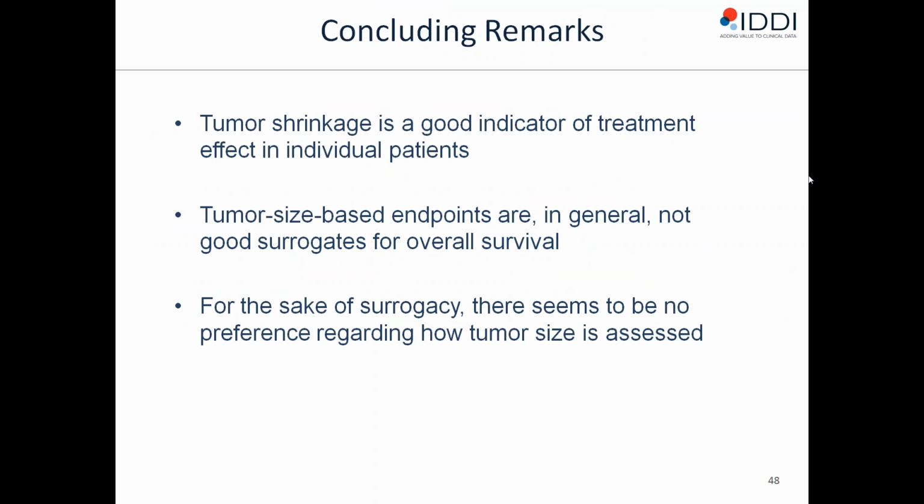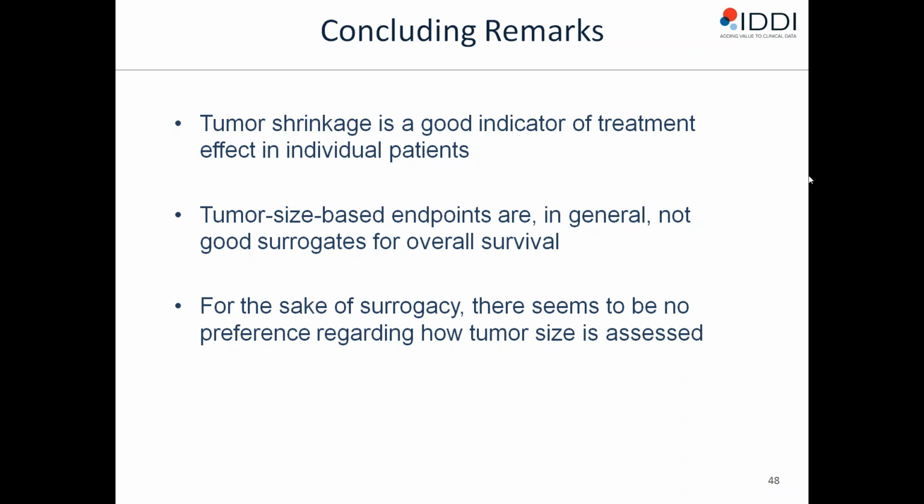Okay, thank you, Tomasz. So we hope to have at least shown you in general terms that tumor shrinkage is a good indicator of treatment effect in individual patients, and that's what has been found in most of the analyses so far. On the other hand, as surrogates for overall survival, we've yet to see the role of these endpoints, especially the novel ones.